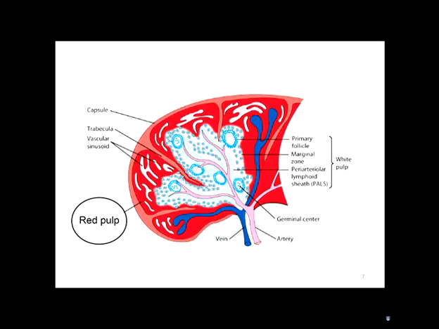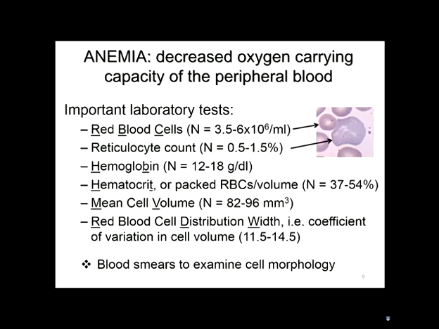So the function of the spleen is very critical in maintaining normal red cell populations, and it also contributes significantly to certain kinds of disorders of both red cells and platelets and some other cell types. So the spleen is an important component.